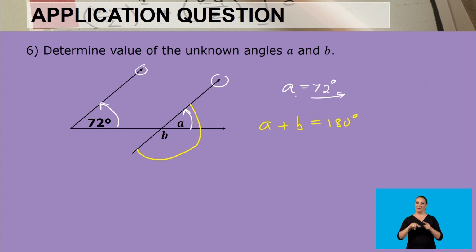And therefore, since A is 72 degrees and B is what we need to find out, then angle B equals 180 degrees minus 72 degrees. Therefore, angle B equals 108 degrees. That's our value for angle B.